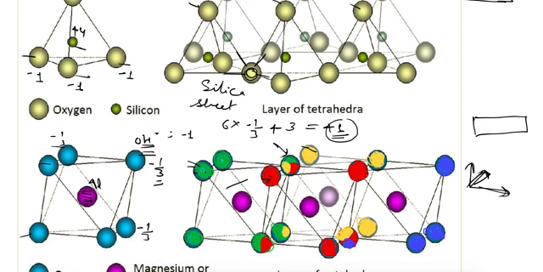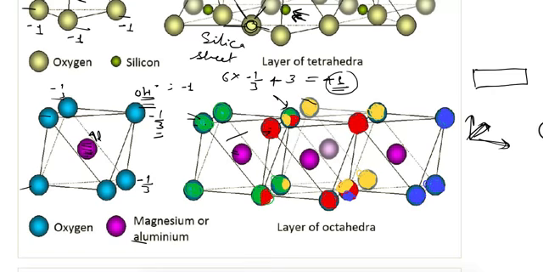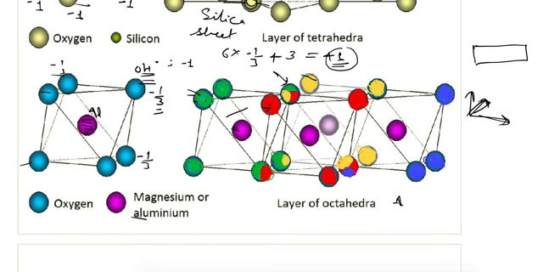As we can see, in the tetrahedral unit a silicon atom is present, and silicon has a bigger atomic number than aluminium, so aluminium can replace the silicon atom in the tetrahedral unit, which also happens for some clay minerals.